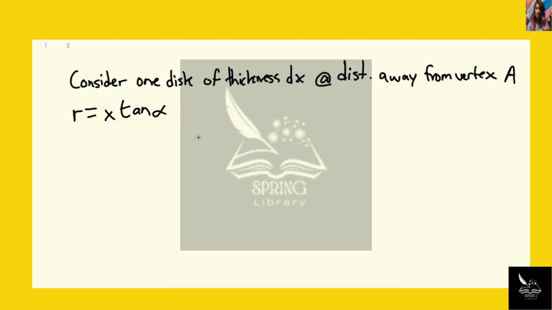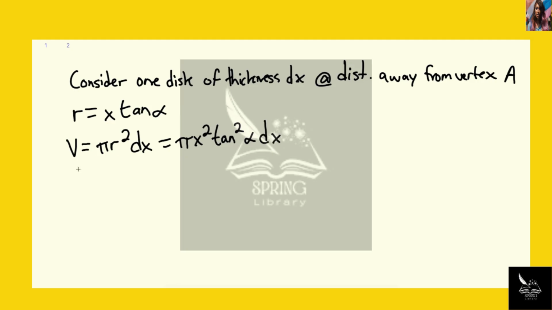alpha. This is where it gets a bit complicated, in the sense that we need to find the volume of this piece. The volume of this piece would be, of course, pi r squared times the thickness dx, and then we can plug in for r and say that this is going to be pi x squared tan squared of alpha dx.